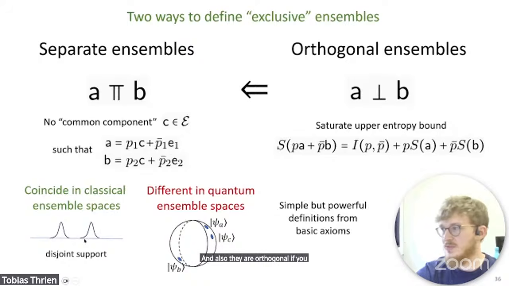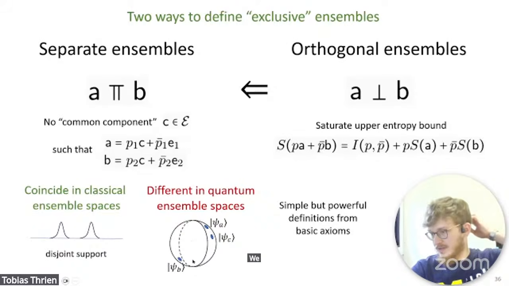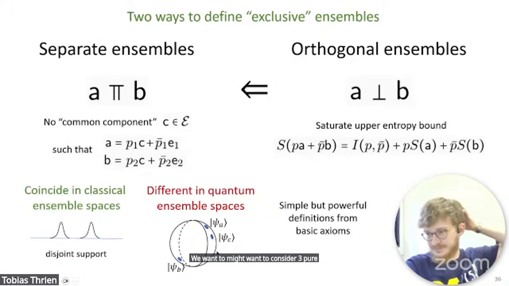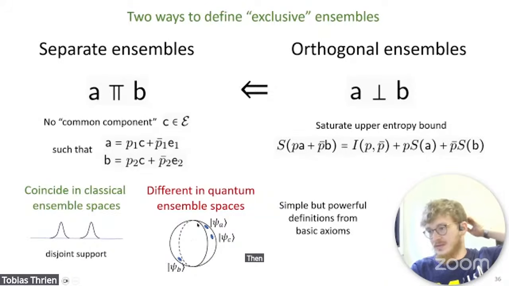If you mix the two, the entropy goes up by the maximum, by the Shannon entropy. But in the quantum case, these are two different notions. So we might want to consider three pure states, let's say. Then these are all separate.